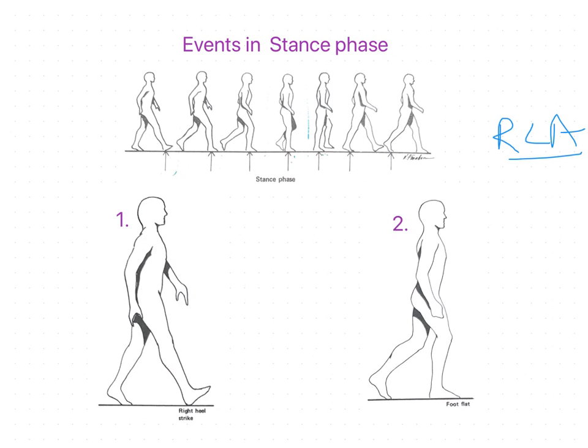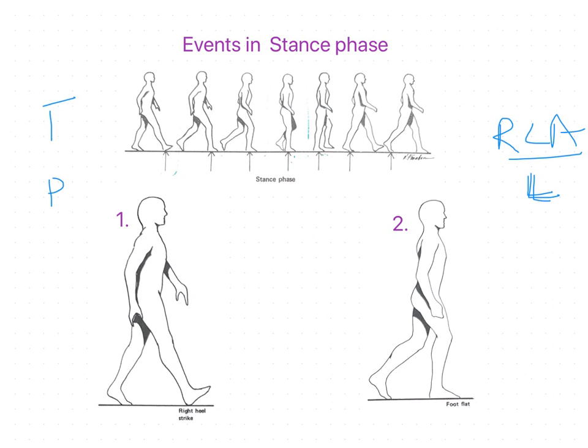The traditional terminology refers to points in time, and I will explain this. RLA terminology refers to lengths of time, whereas traditional terminology refers to points in time.